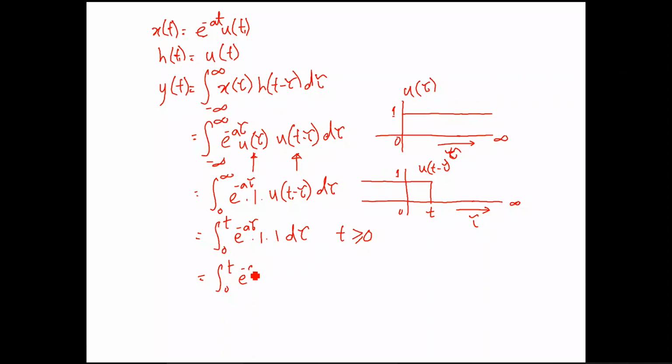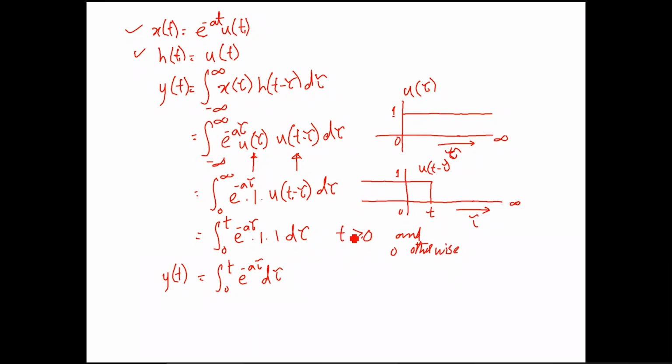In your slide set, you just directly see this. You're given this and this, and directly they show that y of t is the integral from 0 to t of e raised to the power of minus a tau d tau for t greater than or equal to 0. And for t less than 0, within this range, the whole thing becomes 0.